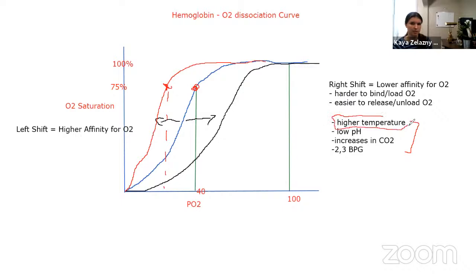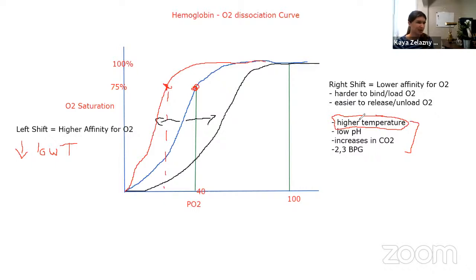So if we have a higher temperature for a right shift, right, an example of why we might see a left shift is a lower temperature. Okay. And this isn't just true like fever versus non-fever. This is also like locally true. So out at respiring tissue, where we're using the oxygen, we'll often have a higher temperature. You can think of that as your muscles are working, you start to heat up.